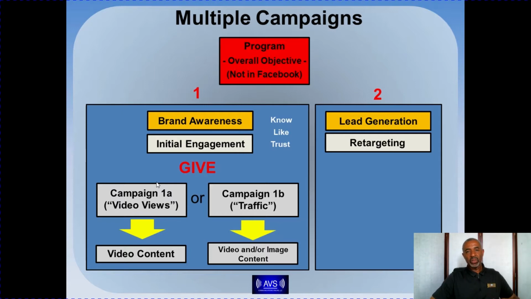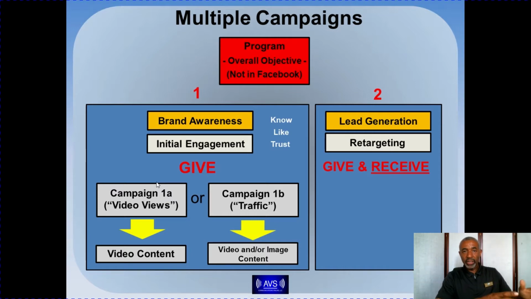Once they start engaging with that content, you create a retargeting campaign, and now you're still giving information, but with the intent and objective of receiving contact information in return.